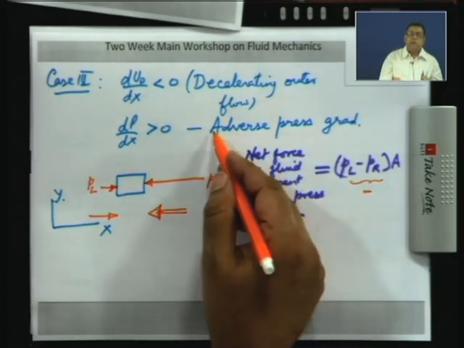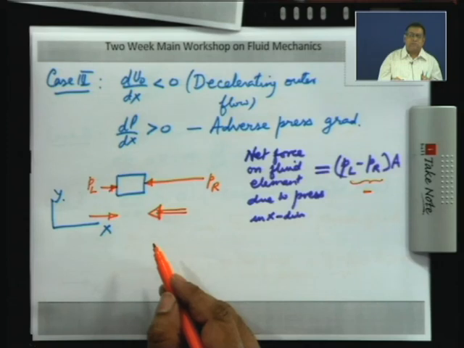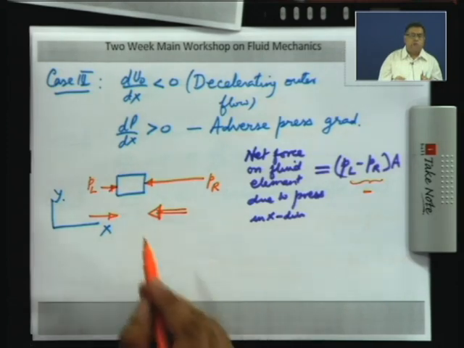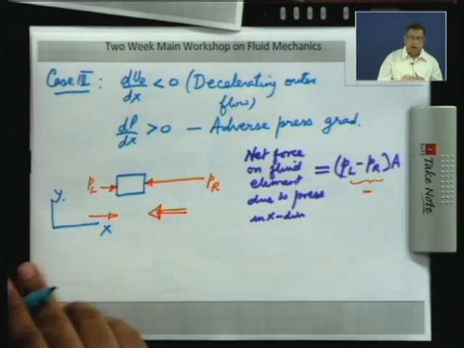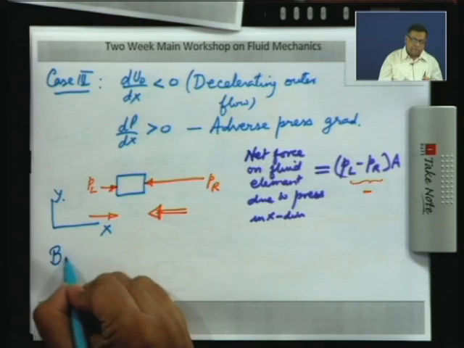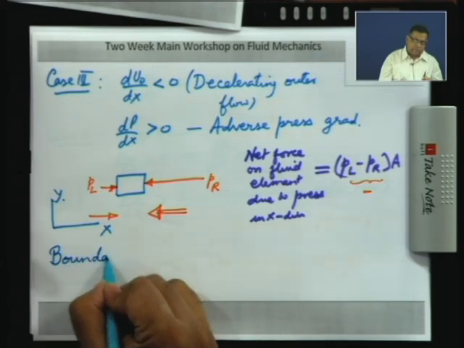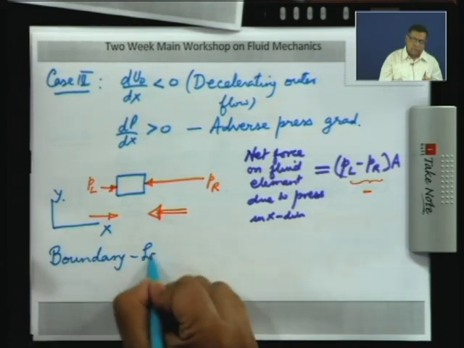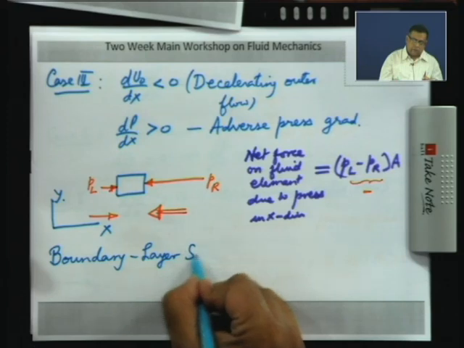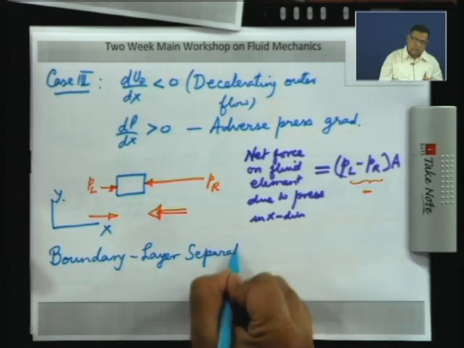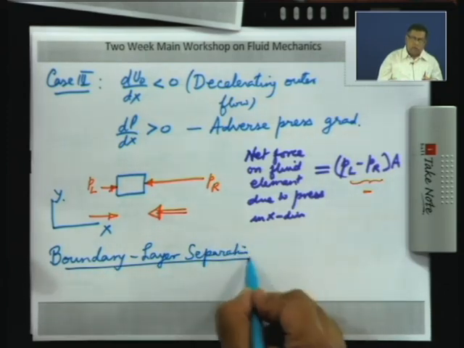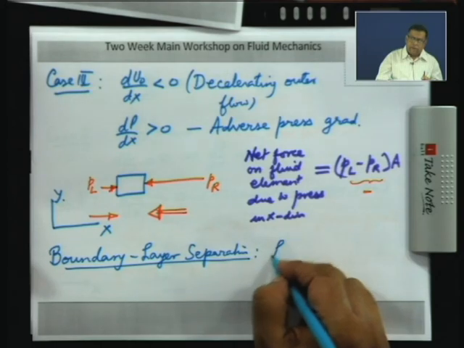Now, if this adverse pressure gradient is very large, it may lead to reverse flow near the wall. So, that is what is called boundary layer separation. So, this will occur when there is a large adverse pressure gradient.